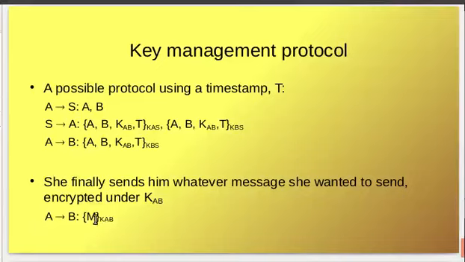Alice starts sending messages using this KAB. The thing to keep in mind is that you're sending blobs, and these blobs contain keys, and they're encrypted for safety so that no eavesdropper can see this key in plain text and use it to eavesdrop on this traffic.